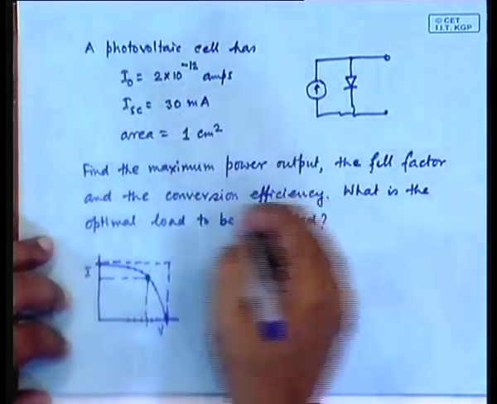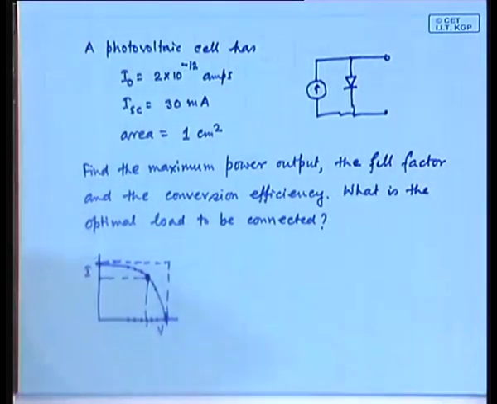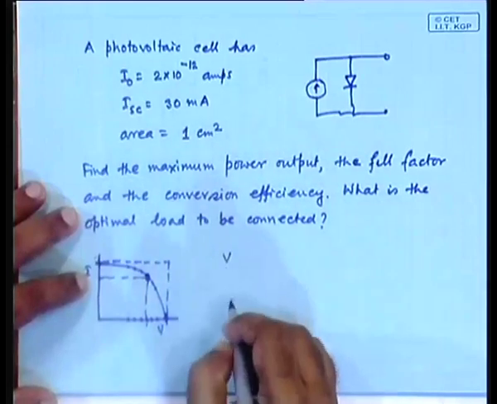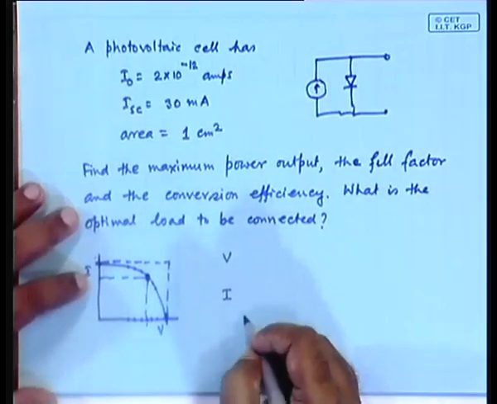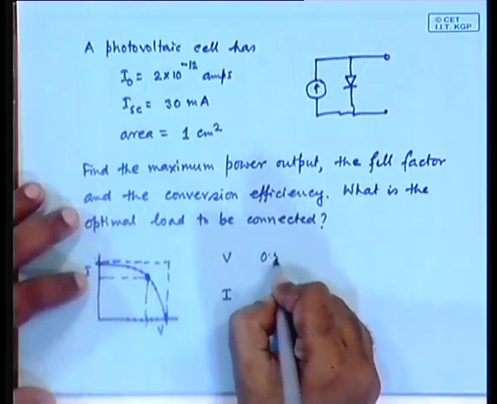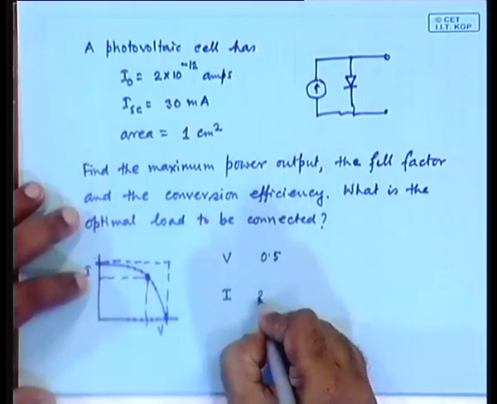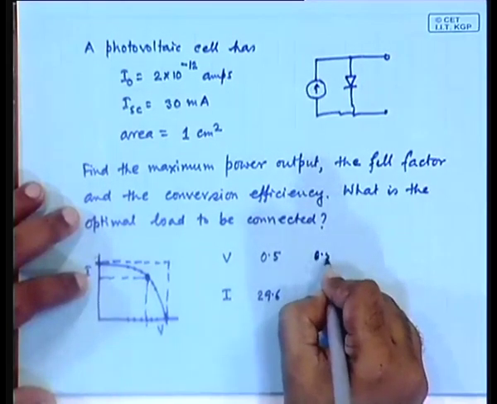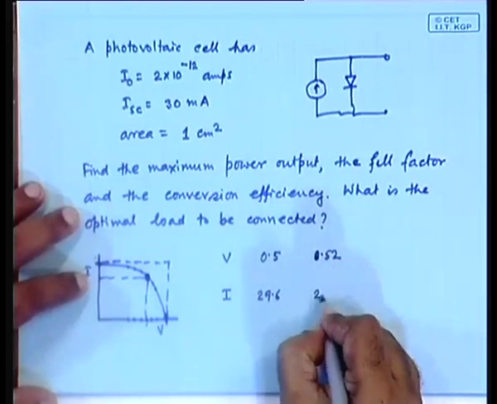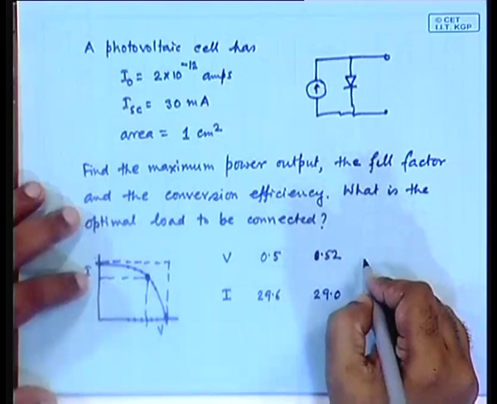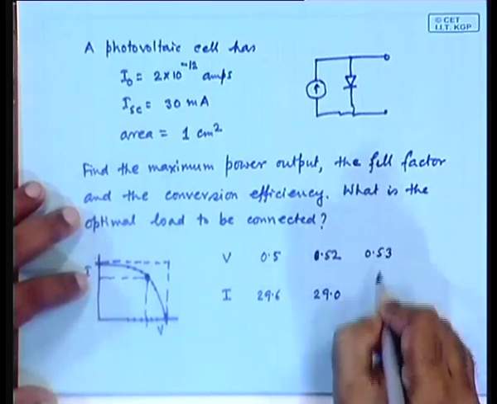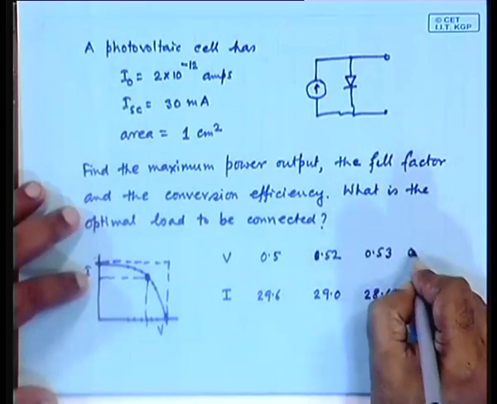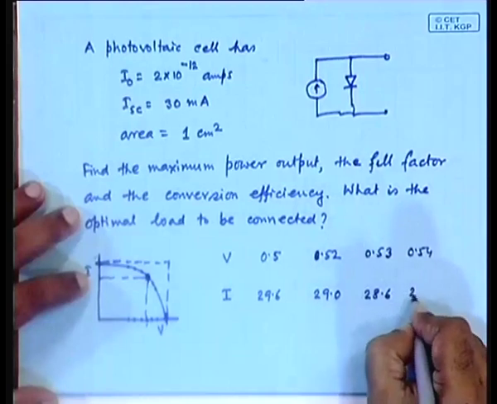Suppose, for example, for these ones you will get values something like this. So, for different voltages I am writing the current. You will get for 0.5 volt it is 29.6 milliampere, 0.52 you will get 29.0, then 0.53 you will get 28.6, 0.54 you will get 27.9.